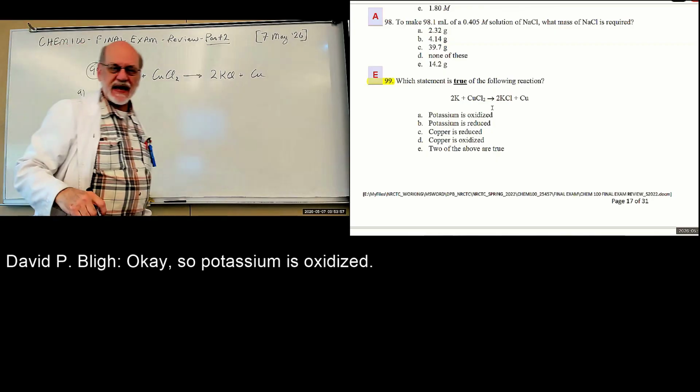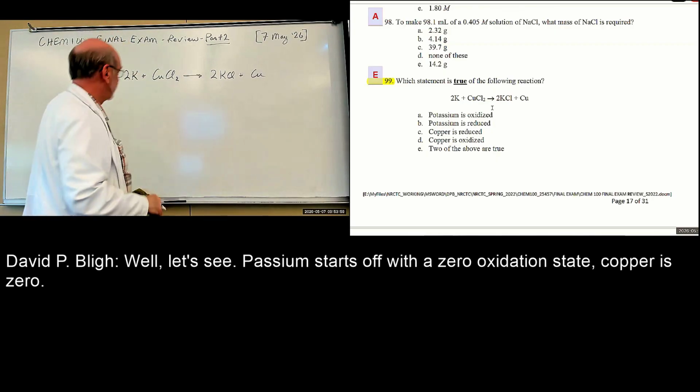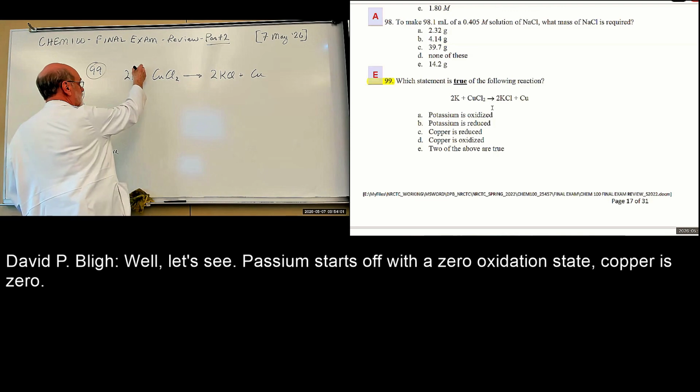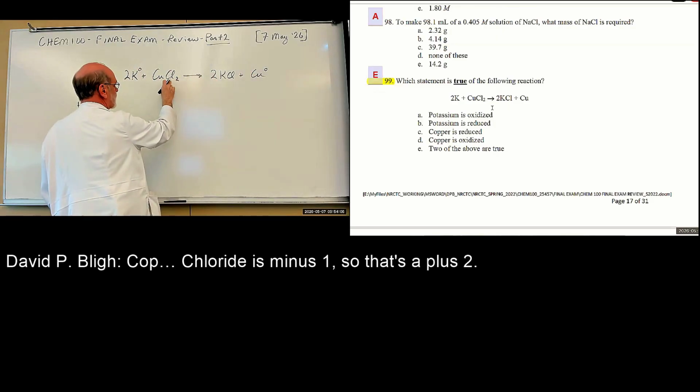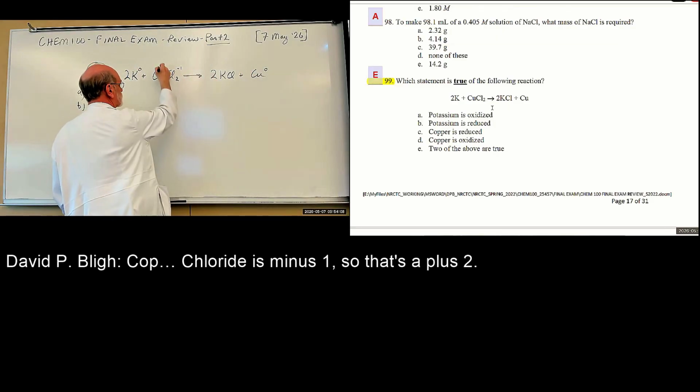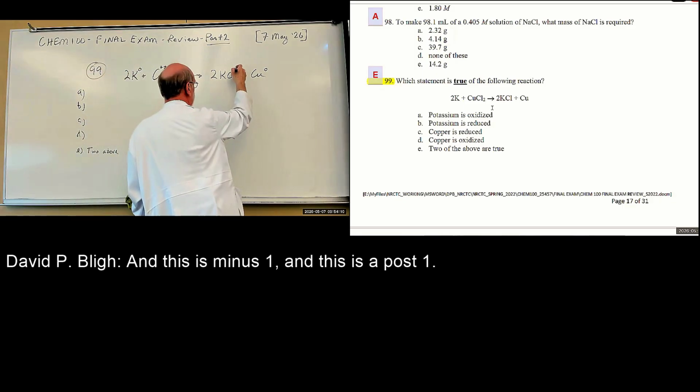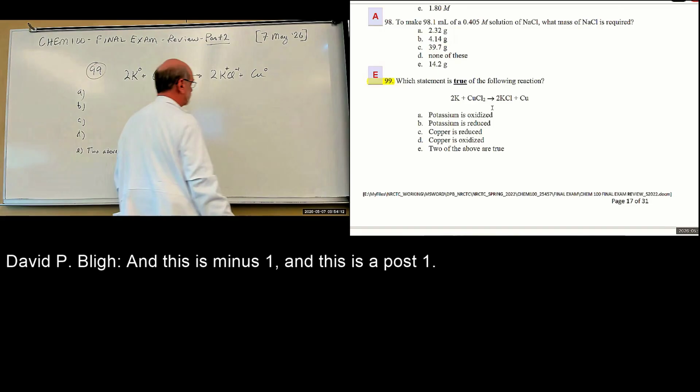Okay, so potassium is oxidized. Well, let's see. Potassium starts off with a 0 oxidation state, copper 0. Chloride is -1, so that's a +2. And this is -1, and this is a +1.